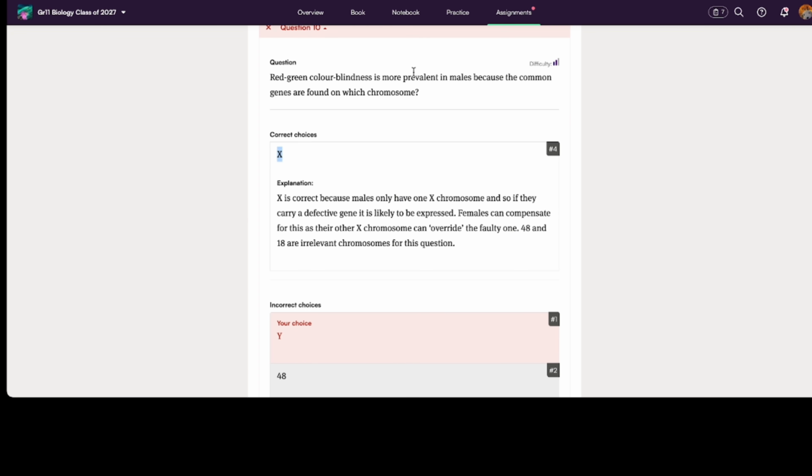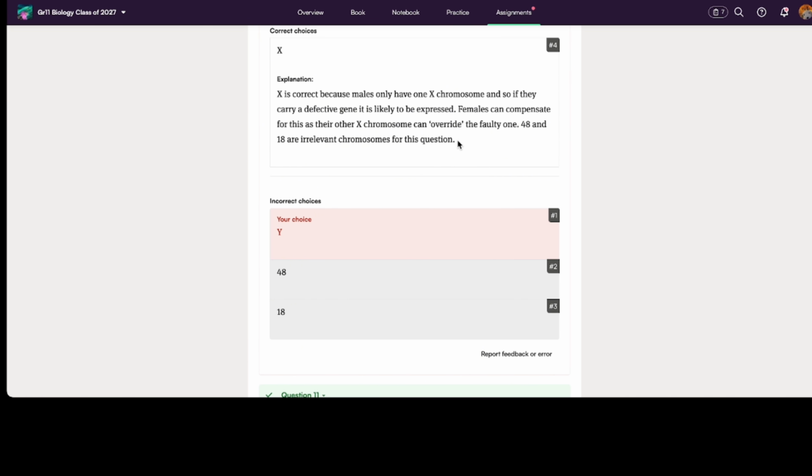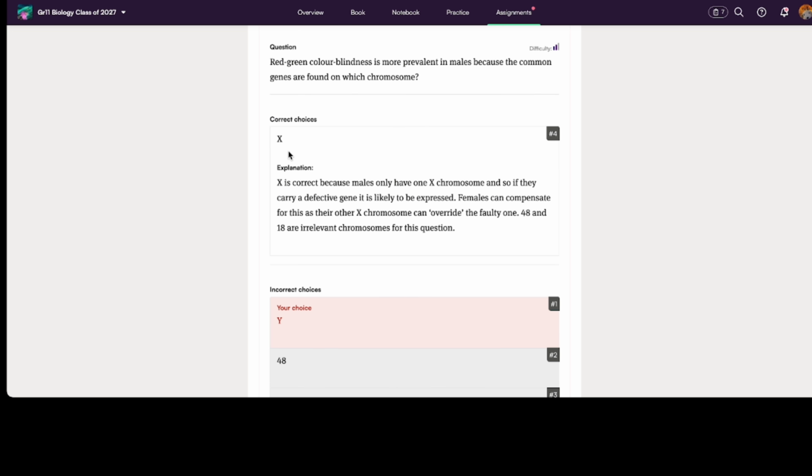X-linked diseases are more prevalent in males because they only have one X, and they don't have another X to potentially cover the problem that their X has, if that makes sense to you. Females have 2 X's, so their other X can override the faulty one, but males are more affected by X-linked disease. And if it is Y-linked, of course, no female will be affected because there's no Y in females.